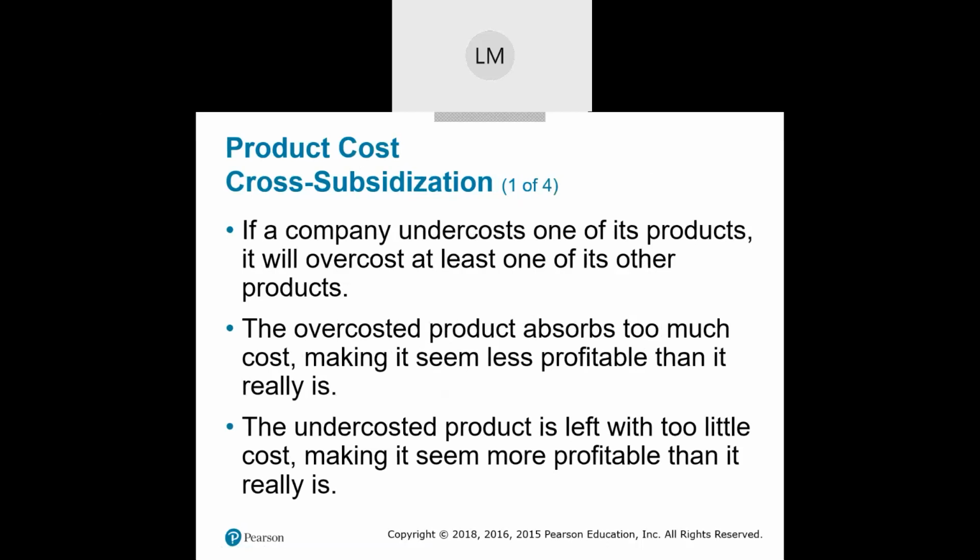Whereas the undercosted product is left with too little cost, and it seems more profitable, but it's really not. And you're going to see that example not only in the example we're going to come back to in just a moment, but in the example in the book on Plastum. We're going to see how a more refined costing system will reduce the amount of undercosting and overcosting to get a more accurate product cost.